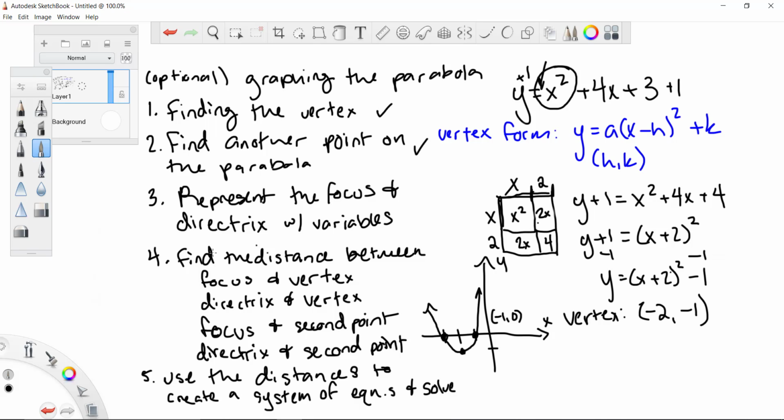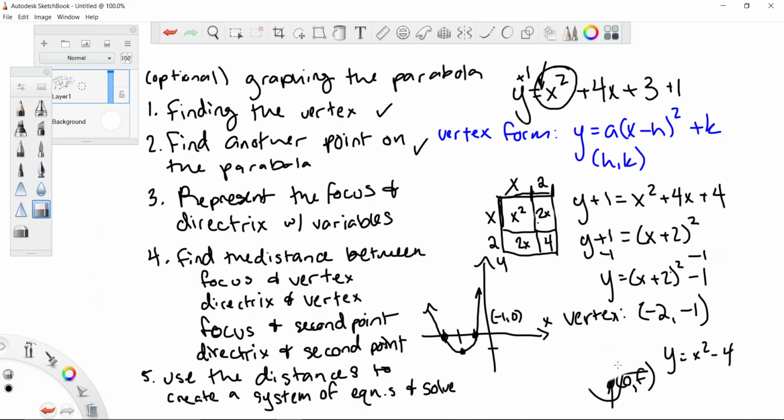From here, we can think about how we would represent, so we've done this step, we've done that step, now how do we represent the focus and directrix with some variables. Back when we did it originally with y equals x squared minus 4, we had a parabola centered on the y-axis, and so we called our focus 0, f.